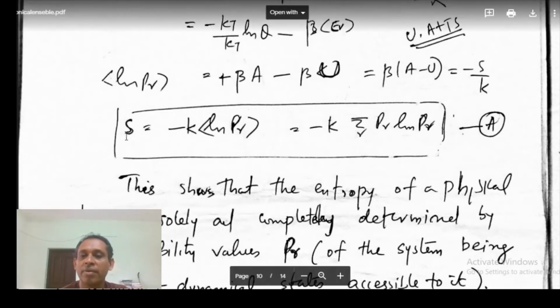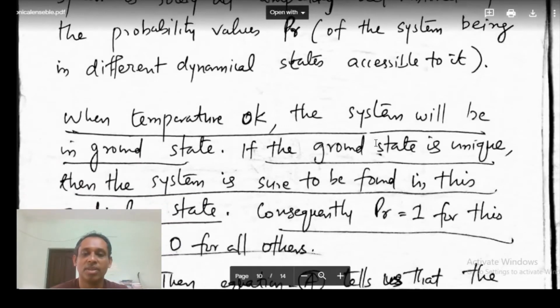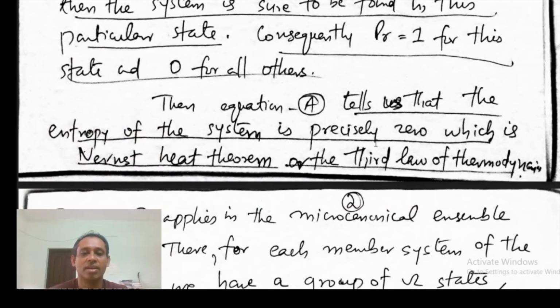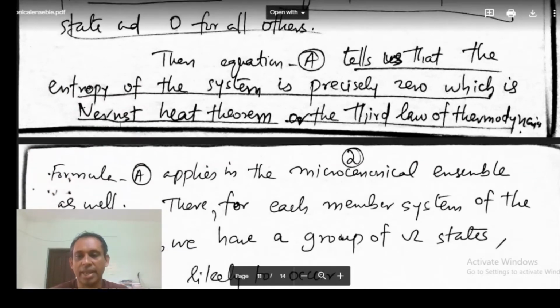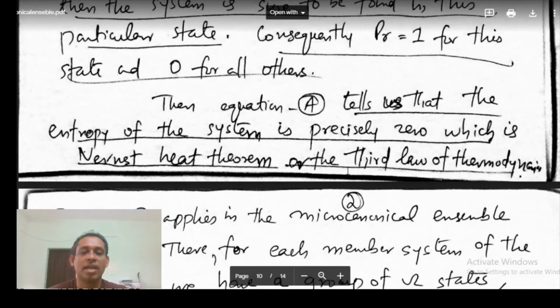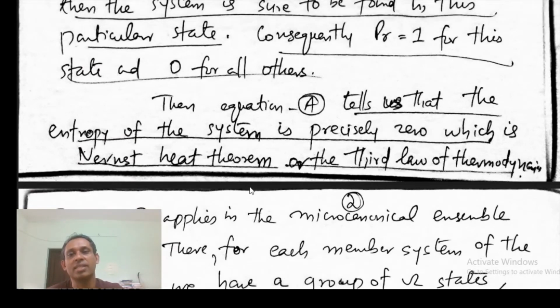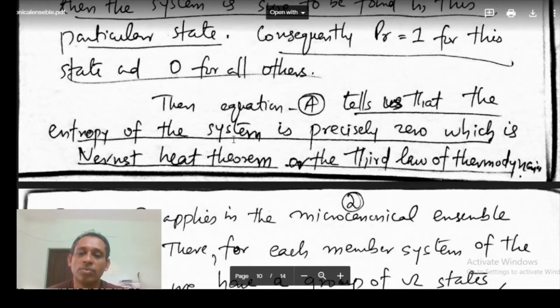So anyway, the entropy will be 0. Okay, the entropy is 0, which is the Nernst heat theorem, or the third law of thermodynamics, which tells that the entropy of the system is precisely, exactly 0 at 0 Kelvin.